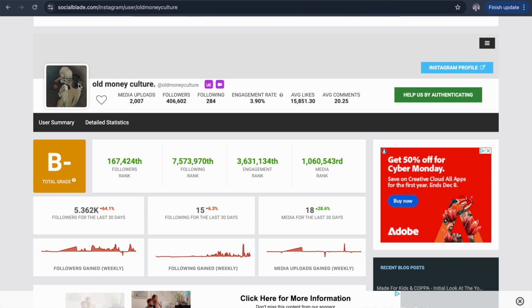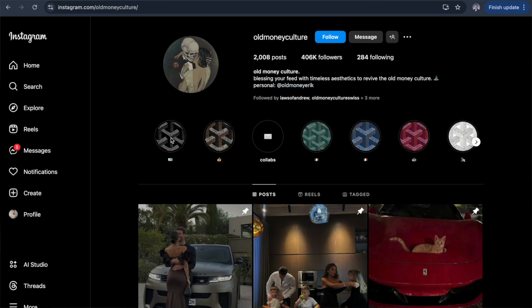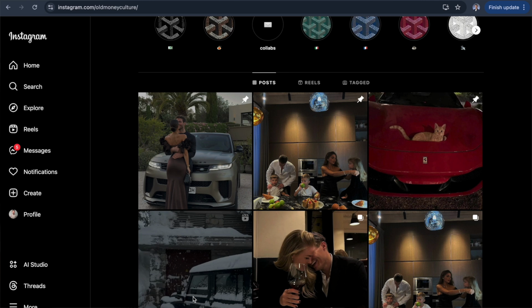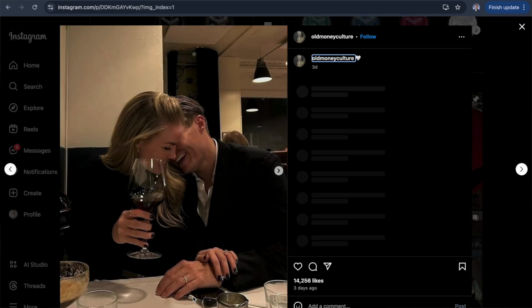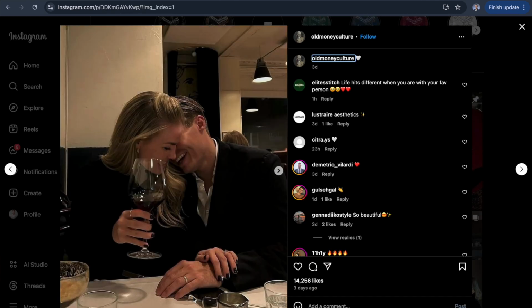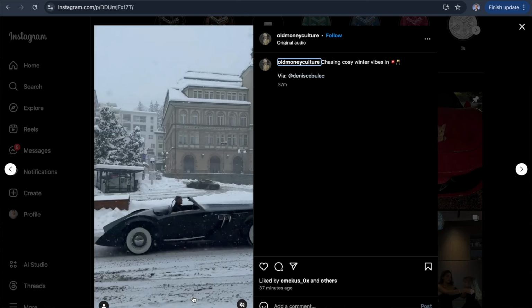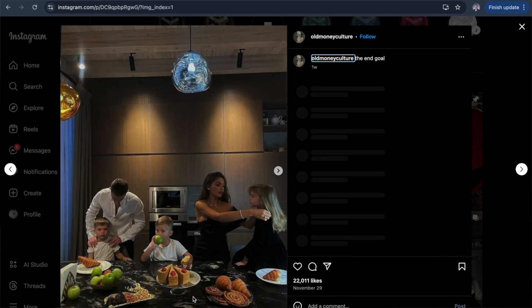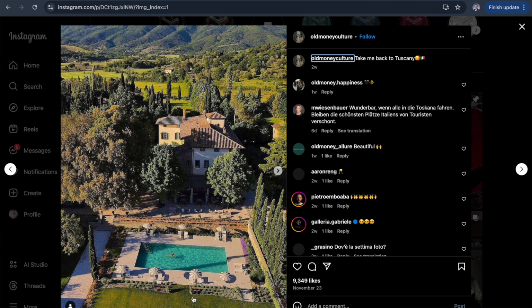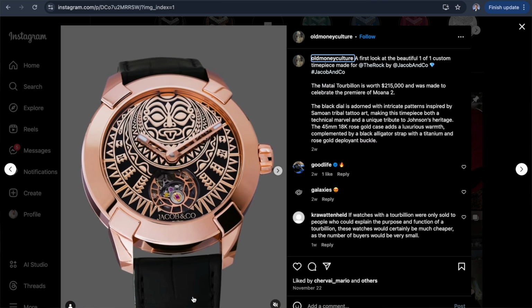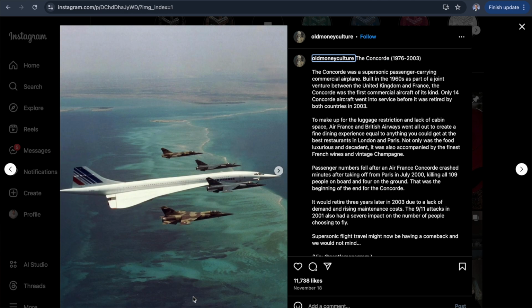I'm just making sure I have the right page. So let's count their number of posts per day. Oh man. They actually do not post very consistently at all.